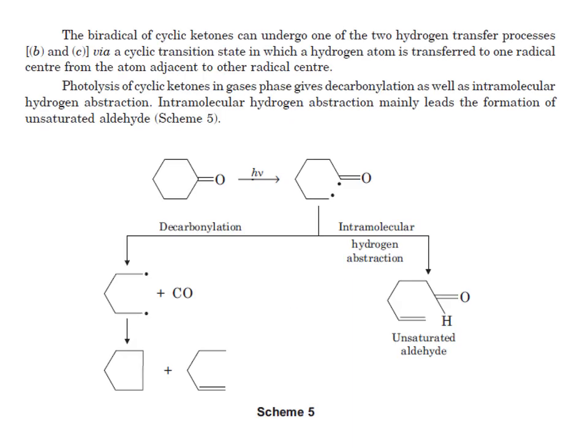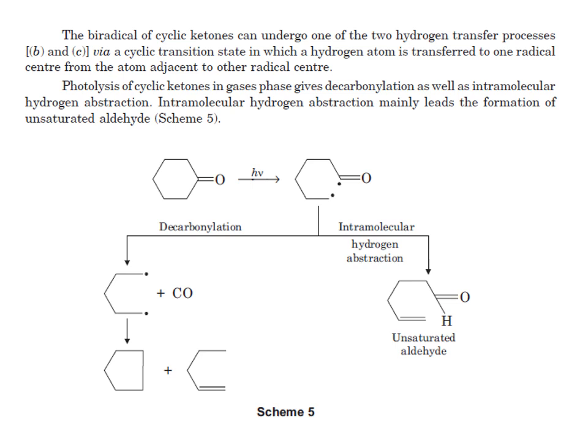The biradical of the cyclic ketone can undergo one of the two hydrogen transfer processes that we showed previously, B and C, via a cyclic transition state in which a hydrogen atom is transferred from one radical to another radical. It usually transfers either from the alkyl radical center to the acyl radical center, or from the acyl radical center to the alkyl radical center.